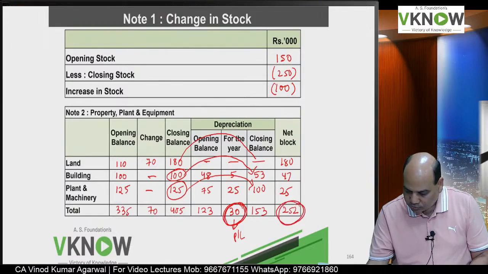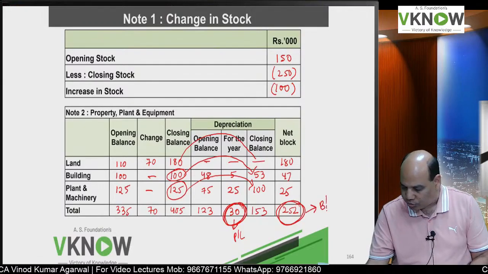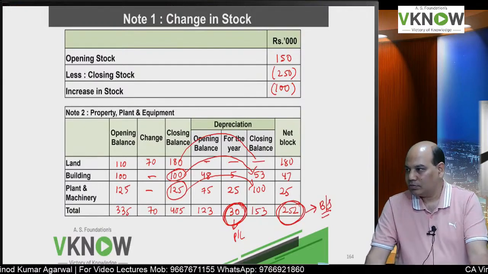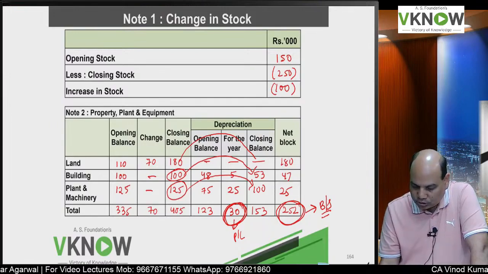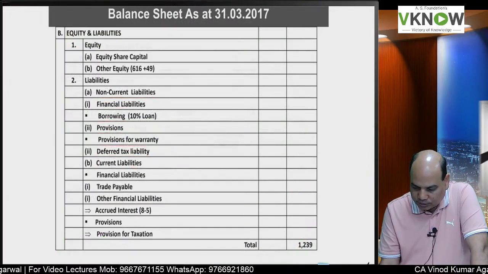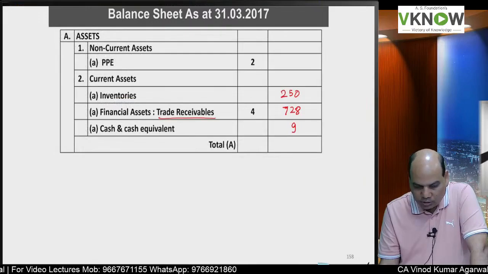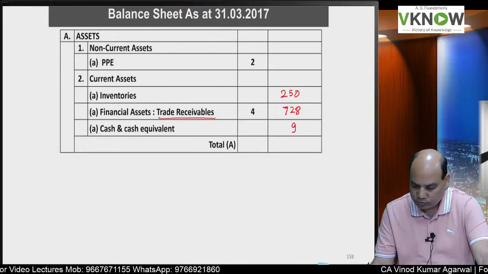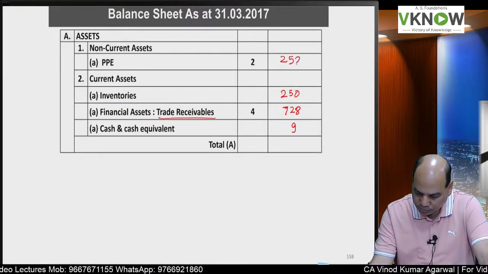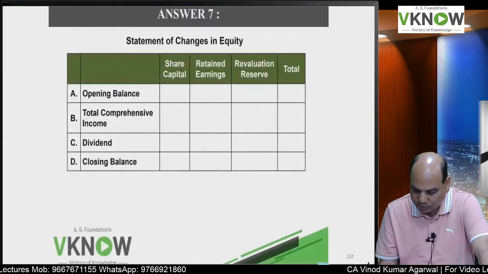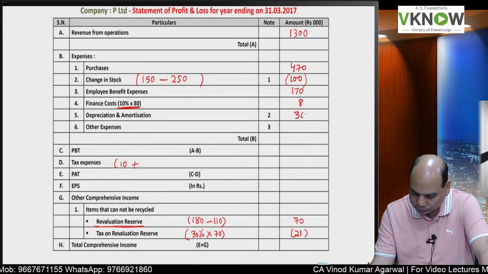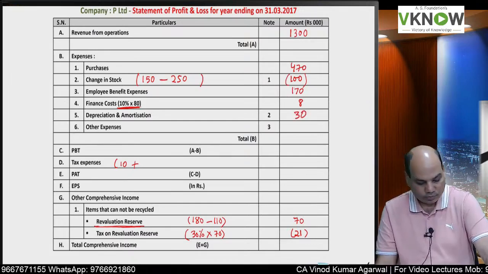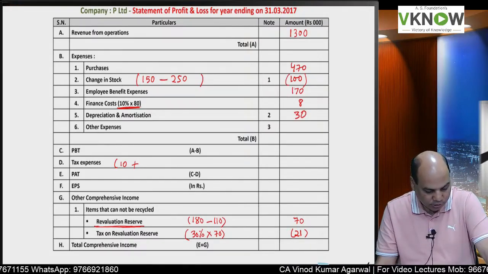Net block closing balance will go to balance sheet. Is it right? So please come to balance sheet. PPE, how much you got? 252. And P&L account depreciation 30, 30 here.